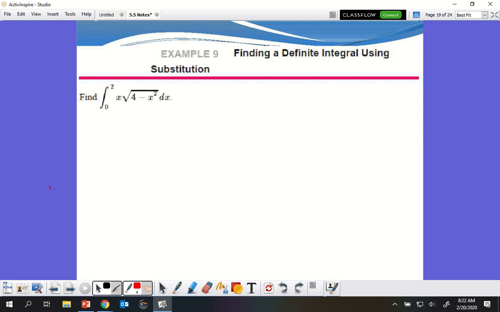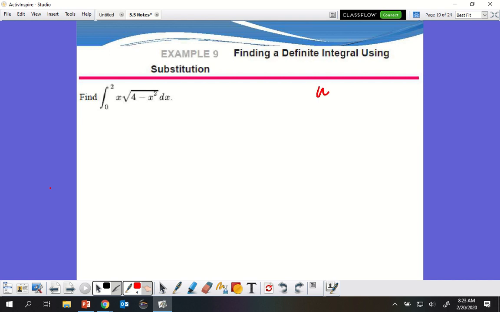All right, so the problem we had the other day, really close to the same thing. All right, so what's my u in this case? Remember, it's a chain rule, right? If I were to take a derivative, it's a chain rule. What's the chain that makes it messy? 4 minus x squared, right? So we're going to choose that, and I'm going to make this work for me.